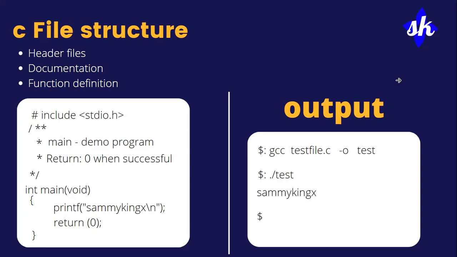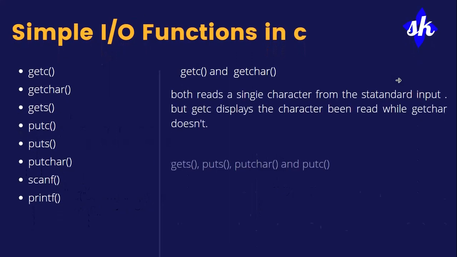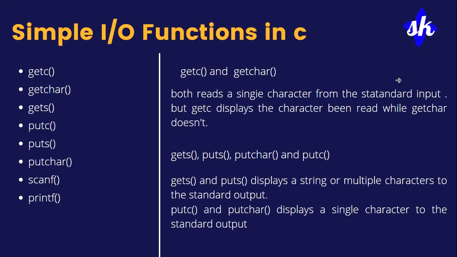So now let's proceed. We'll be talking about the simple input and output functions in C. These are the basic functions. There are other functions you can use to get input from a user. We're talking about getc, getchar, gets, putc, puts, putchar, scanf, and printf.